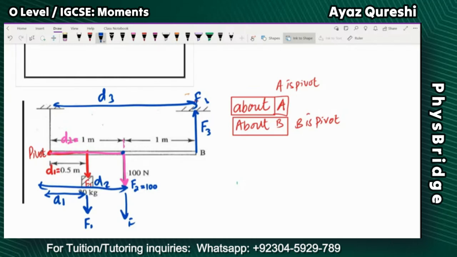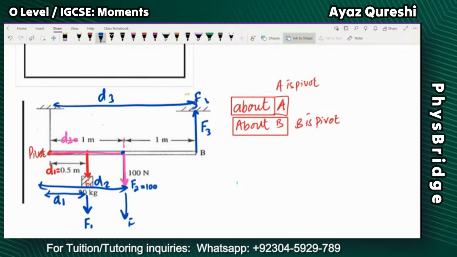Force will be multiplied only by the distance between that force and the pivot. You cannot multiply 100 Newton by 0.5. Never ever. You can change other things, but you cannot multiply 100 Newton by 0.5, because the distance to the 100 is 1 meter, not 0.5 meter.